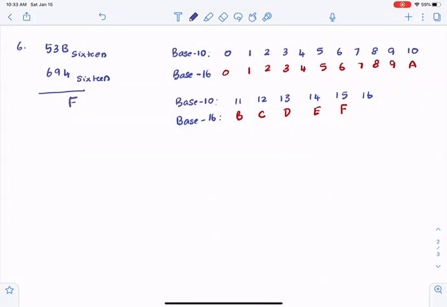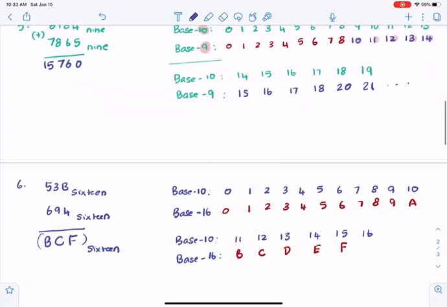I just put F so I don't have to carry anything forward. 3 plus 9 is 12. So I can simply put C. I don't have to carry anything forward like I did in the previous bases. 5 plus 6 is 11. So I can just put B. And you can see the 16 base system is sort of easier compared to the other systems.